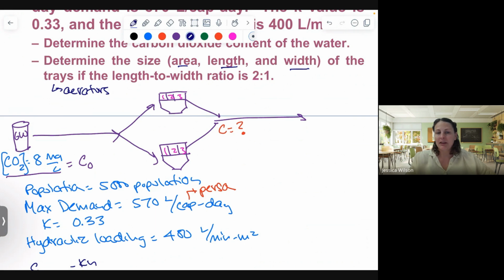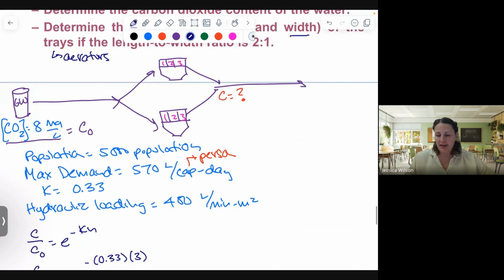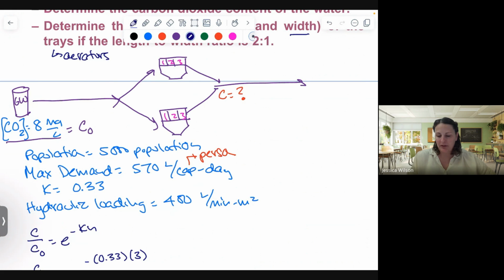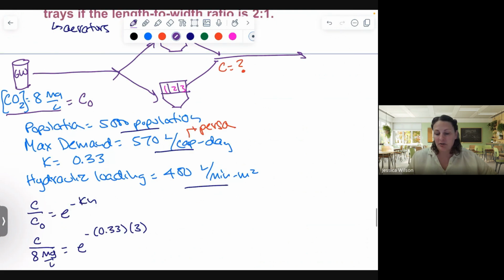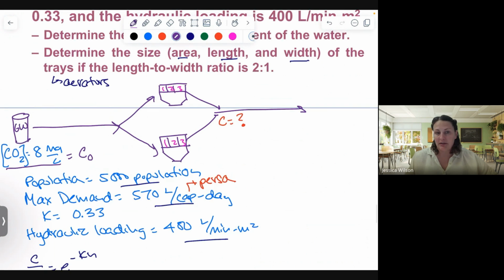The information that we have here is our population, 5,000 people, our maximum day demand, and our hydraulic loading. So let's think about what we remember from units and mass balances, and see if we can use this information to get to our aerator design.